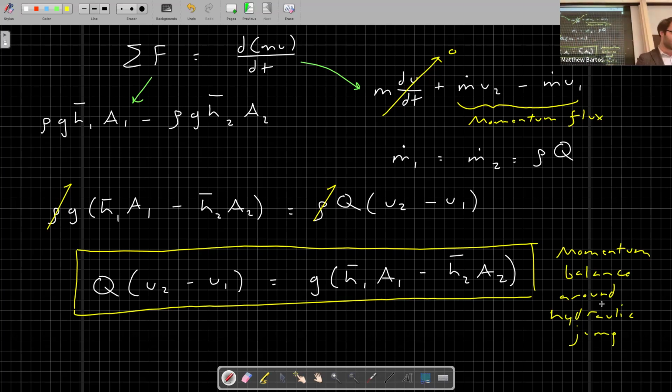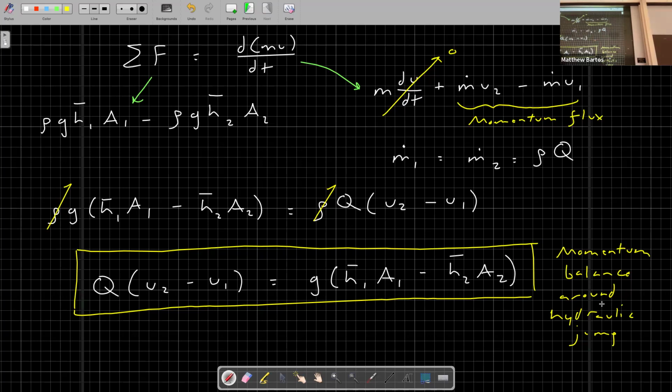Are there any questions on how I derived this momentum balance? Yes, can you explain why the mass flow rate is equal to density times the flow rate? So Q is the volumetric flow rate, in units of something like cubic meters per second.